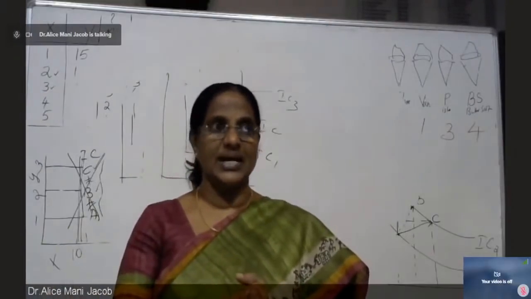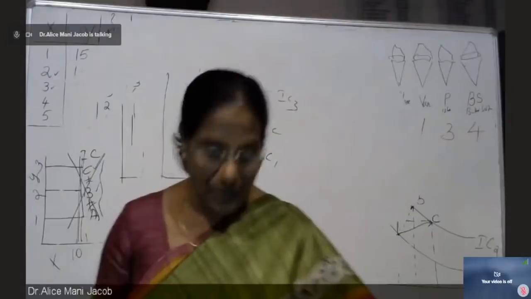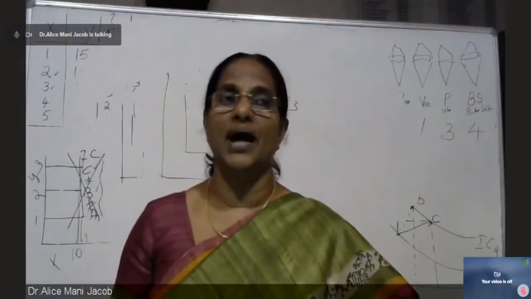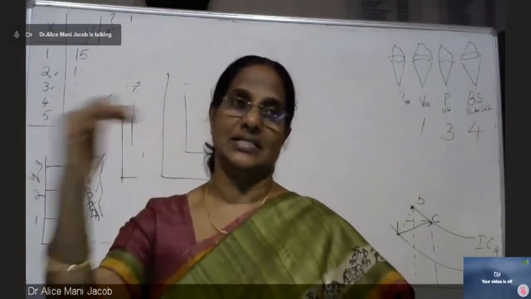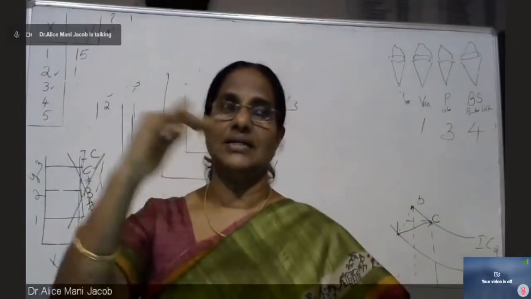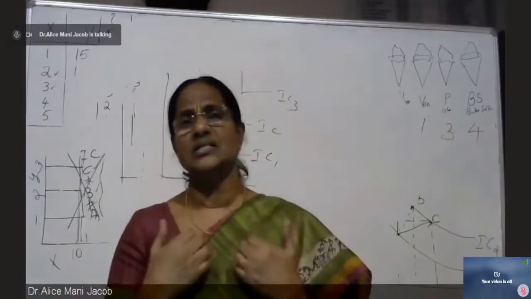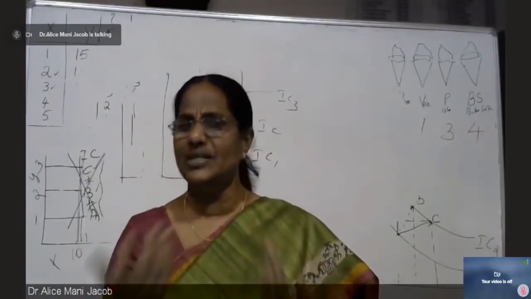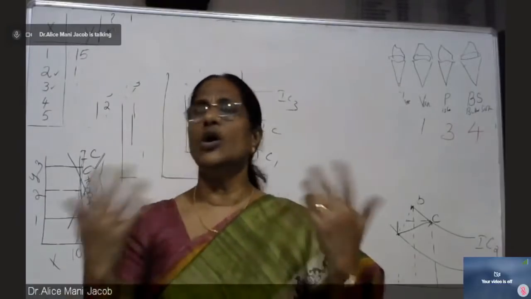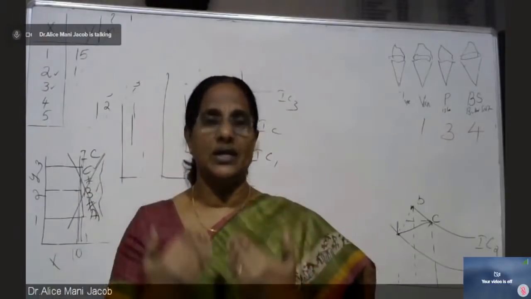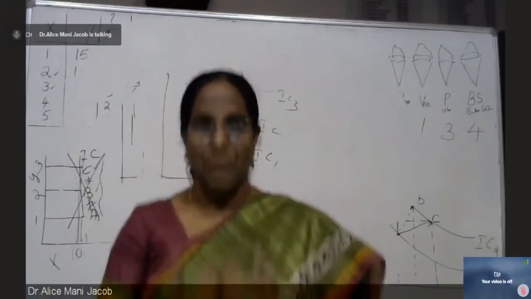These two constraints together are denoted by the budget constraint. Budget is my pocket. I am constrained by my budget. Always, we know it for sure, we cannot have everything because we are constrained by our budget.